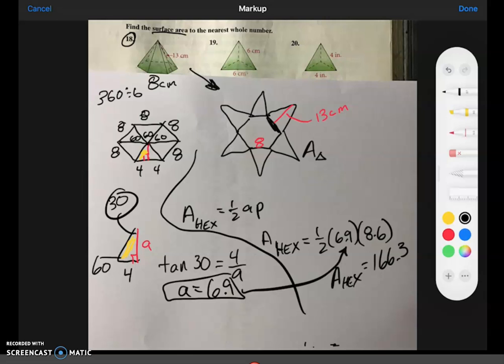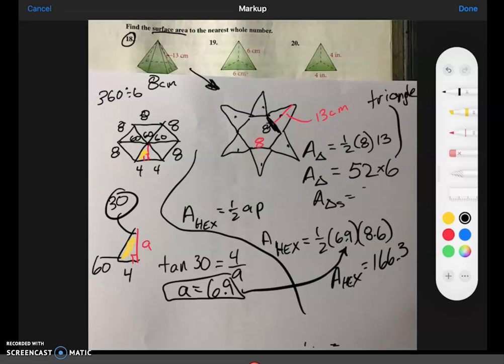Let's go figure out the area of a triangle here. The area of one of these triangles is 1/2 base 8 times slant height of 13. That area is going to be 52. How many triangles do we have? We have 1, 2, 3, 4, 5, 6. So we're going to multiply that by 6 triangles. And the area of all the triangles is going to be 312.